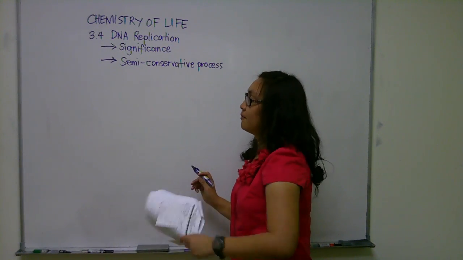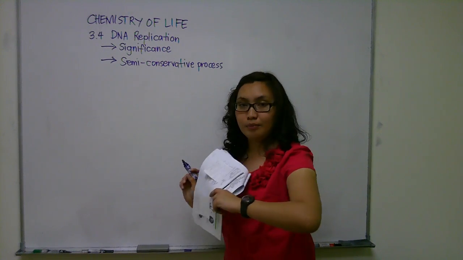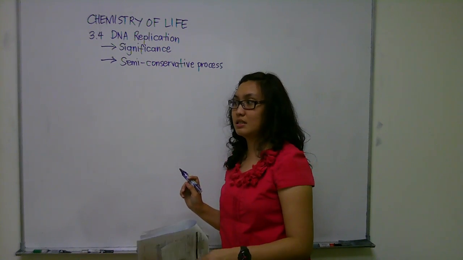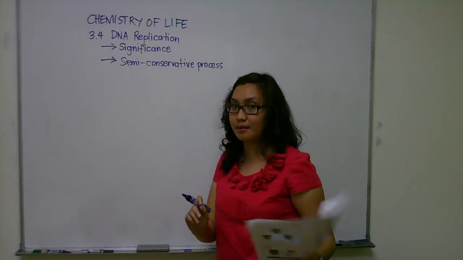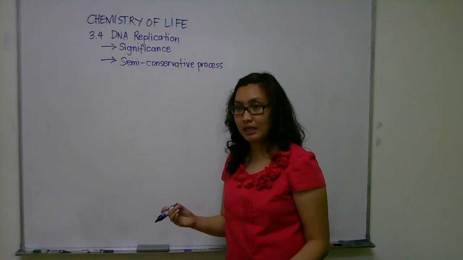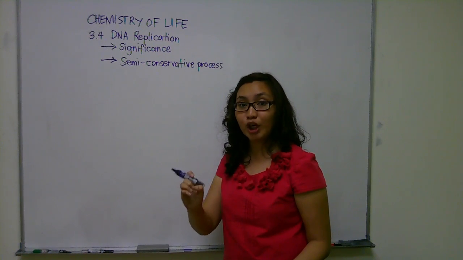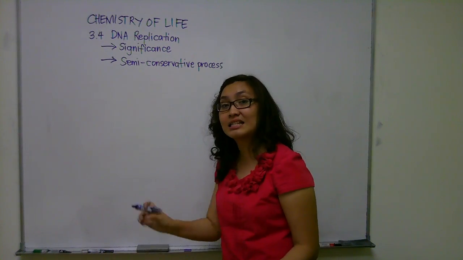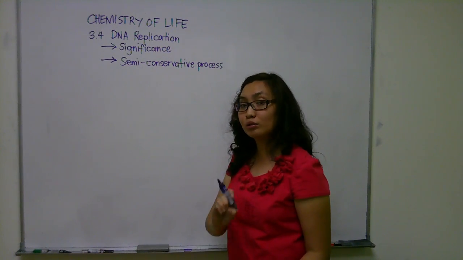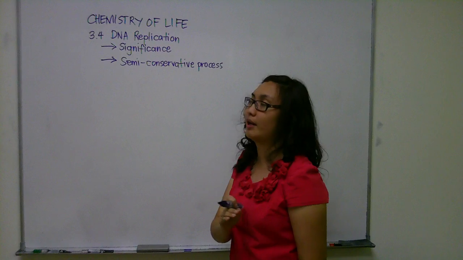In the case of a semi-conservative process, you can just say that the DNA replication process needs an original DNA strand as the template strand to form a new DNA. So the formed daughter strand right after the process of DNA replication contains the old DNA strand. Okay, half of it contains the old DNA strand.